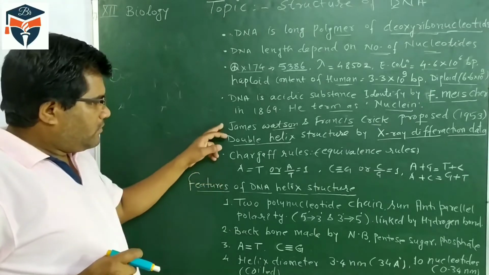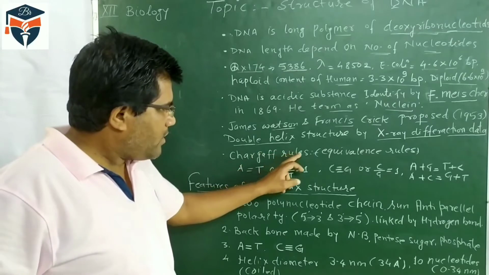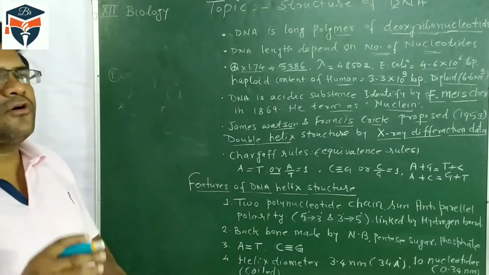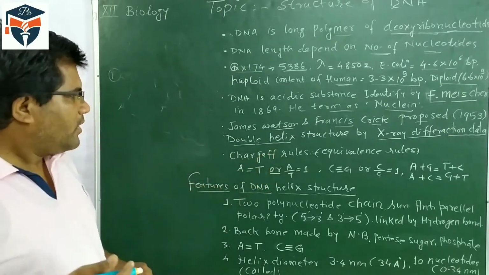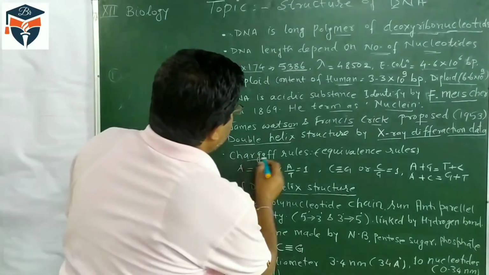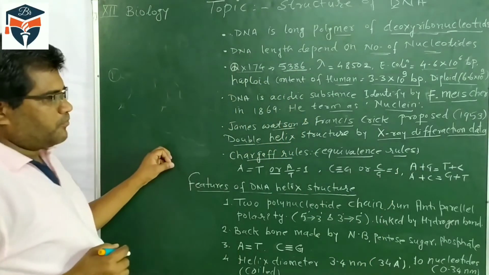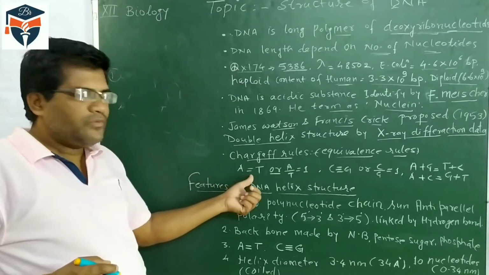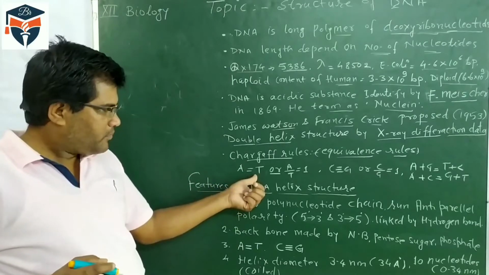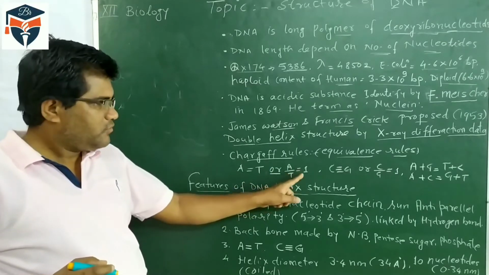Then Chargaff's rules. Chargaff studied the composition of nitrogenous bases in DNA, and these are called Chargaff's rules, or equivalence rules. According to Chargaff's rules, adenine is always equal to thymine, so the ratio of adenine to thymine is always 1.